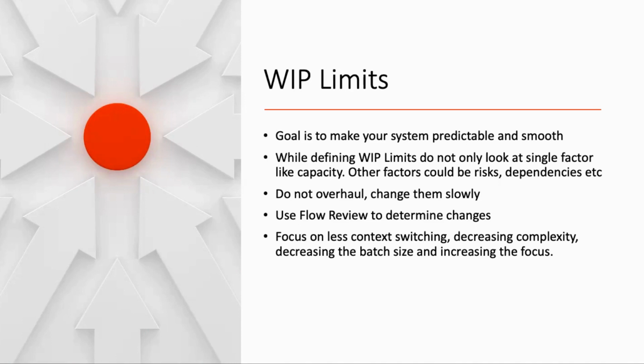The goal of setting up the WIP limit is only to make your system predictable and smooth. How does it help? When you limit the WIP, you assess your capacity. So if there is capacity to complete only 3 tickets, you will only take 3 tickets into your queue. So you will limit the WIP to 3.